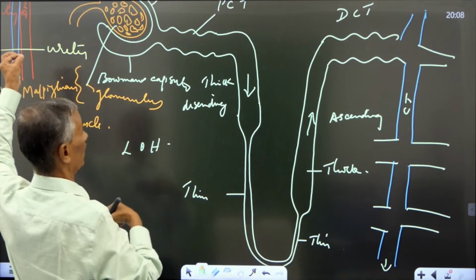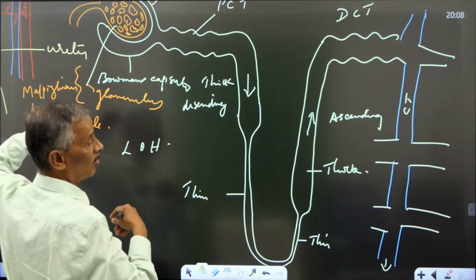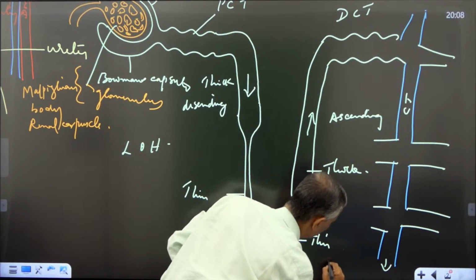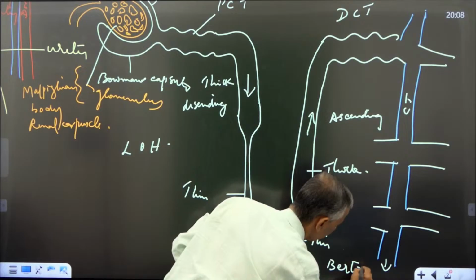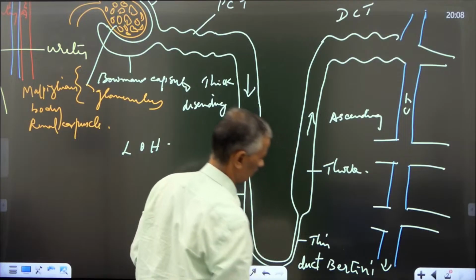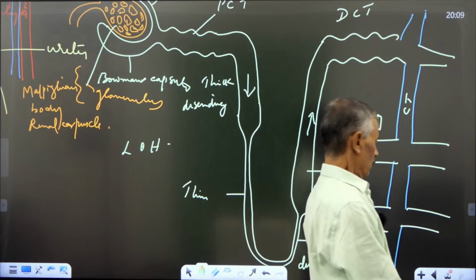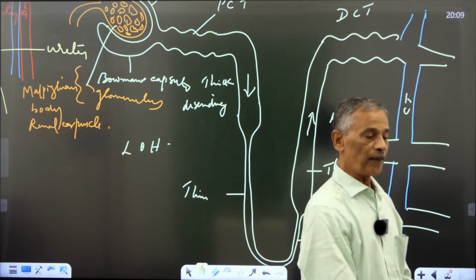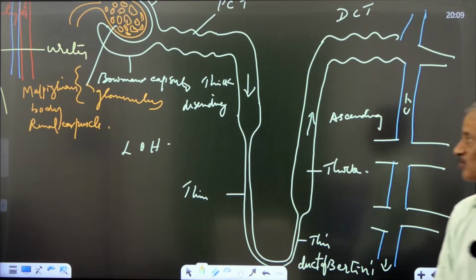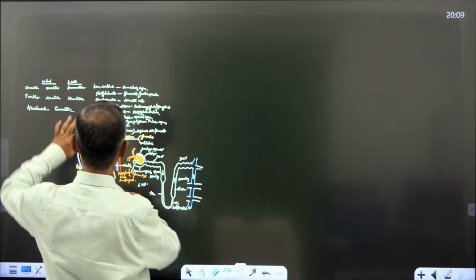Here I told you pyramids have renal columns or columns of Bertini. Here the duct is called Bellini. Don't get confused. Ducts of Bellini, that is not in your books. So the CT opens into the ducts of Bellini, and the ducts of Bellini open to the surface of the pyramids. They are all opening to the surface of these pyramids.